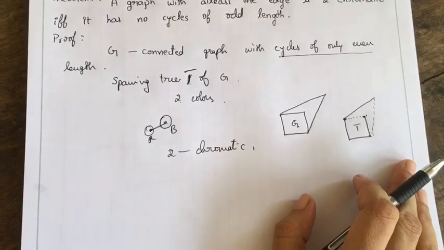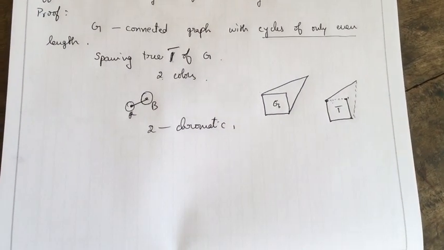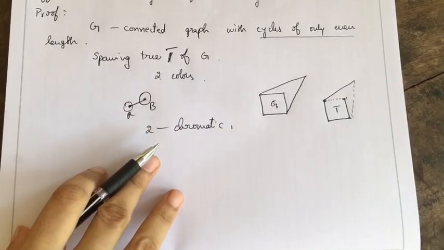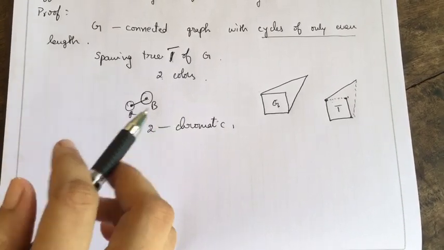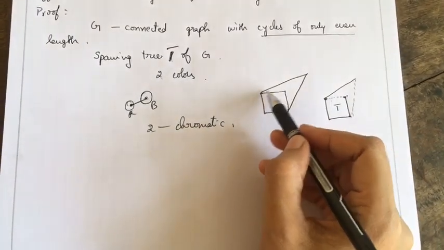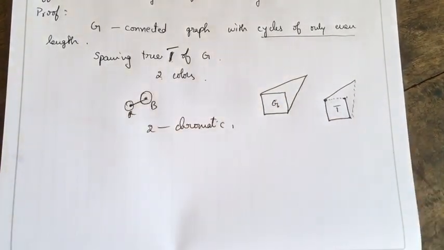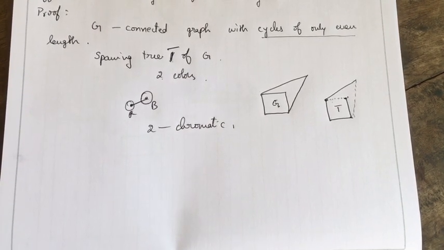The converse part is: if G has circuits of odd length, then we need at least three colors for proper coloring of a circuit. A circuit of odd length means it will have at least a triangle. When I have a triangle, then I need a minimum of three colors to color the graph.